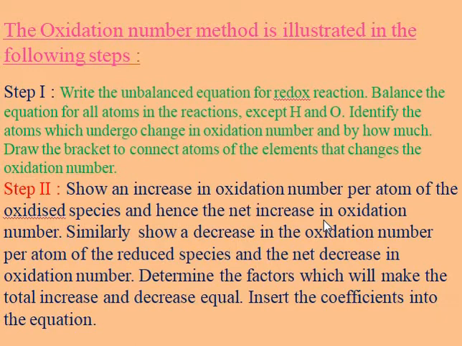The first step is to write the unbalanced chemical equation for the redox reaction. Balance the equation for all atoms in the reaction except hydrogen and oxygen. Identify the atoms which undergo change in oxidation number and by how much, and draw a bracket to connect atoms of the element that changes the oxidation number.